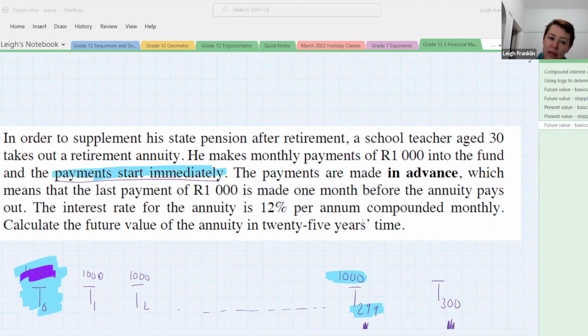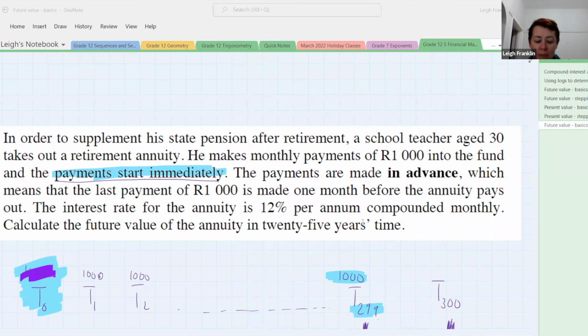Does that make sense to everybody? Okay, so we start counting at T0. That's why by the time we get to T299, he has made his 300 payments of 1,000 Rand.